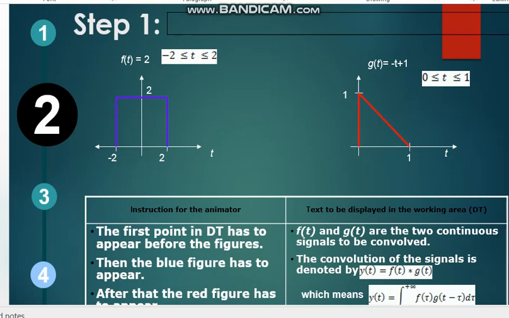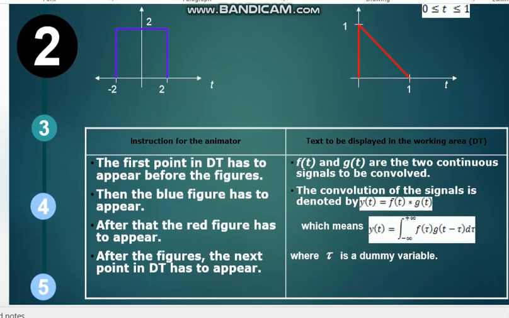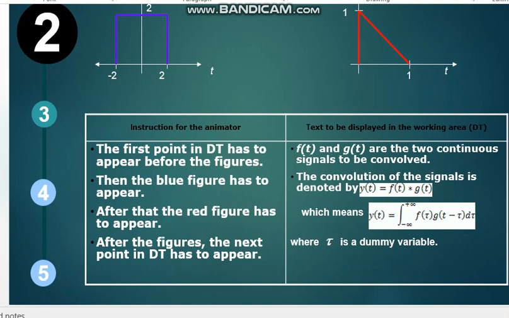Now we will look at the process. The first point in dt has to appear before the figures, then the blue figure has to appear.